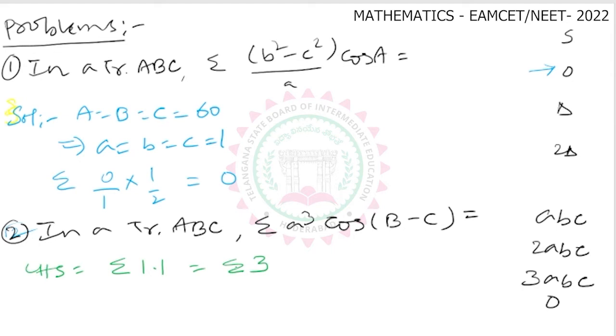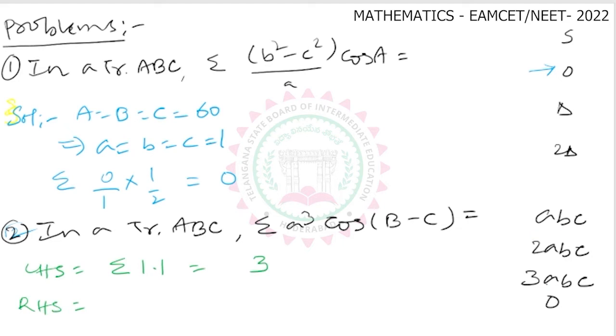Is it clear? Here, sigma is not required. Similarly, if I simplify the RHS, there is no RHS. I have to verify the options. Suppose I substitute a equal to b equal to c equal to 1, what am I getting in the first option? 1. Second option, 2.